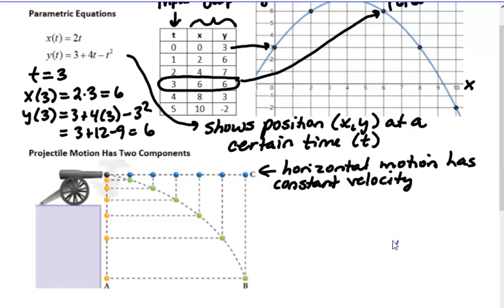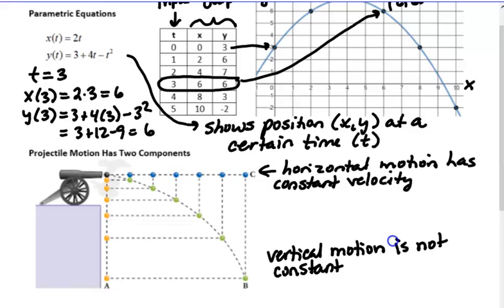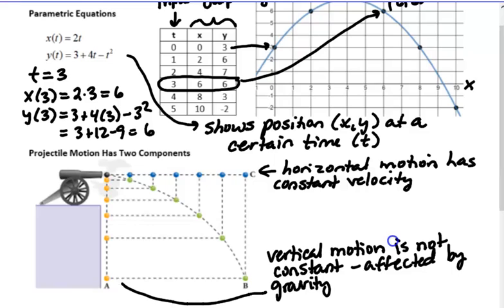However, the vertical motion here, which is represented by the yellow balls, is not constant because it's affected by gravity. So that's this row here.